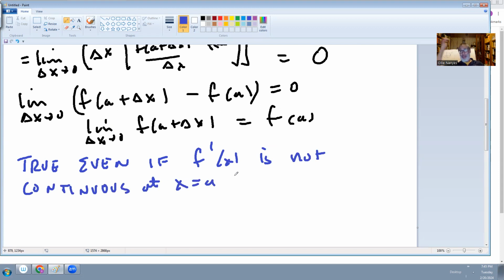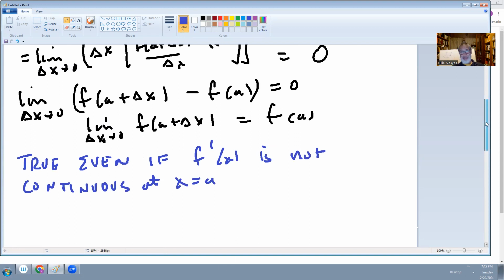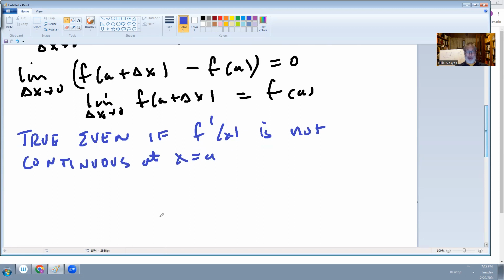And there are functions that have discontinuous derivatives. There's many of them. I don't want to get too far afield into that.